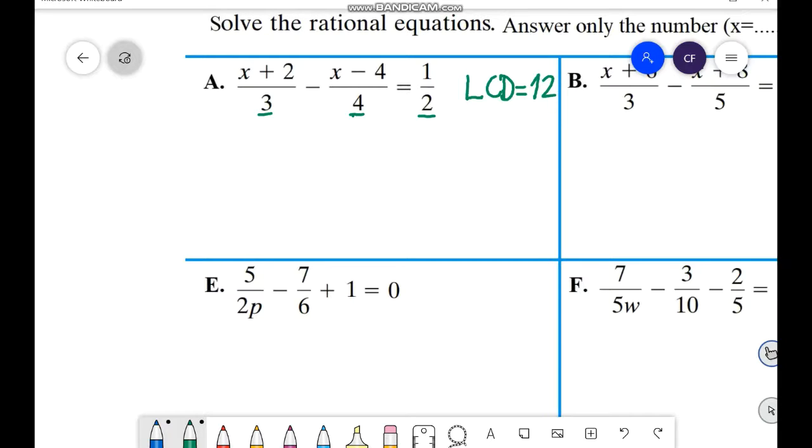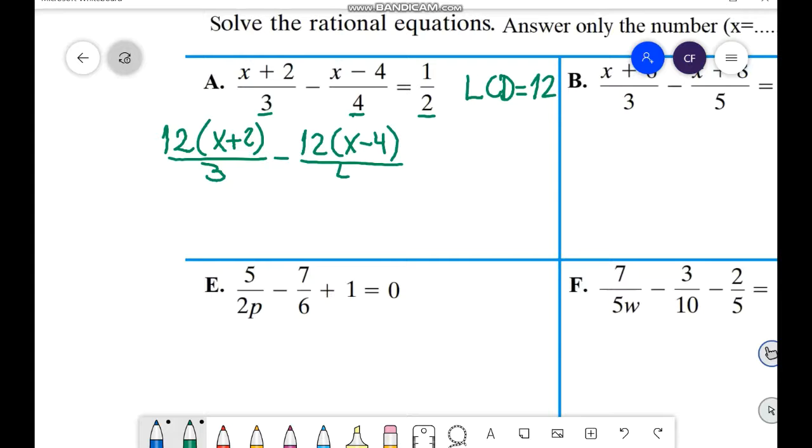Multiply 12 by each term. 12 times (x plus 2) over 3 minus 12 times (x minus 4) over 4 equals 12 over 2.